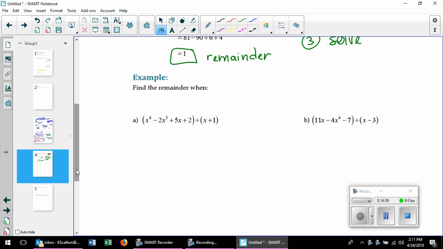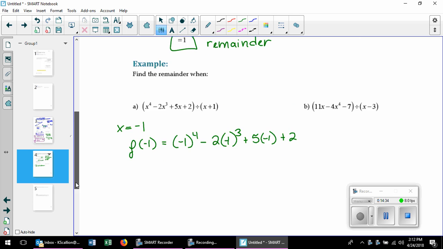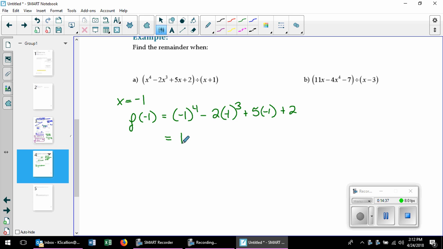Okay? All right, so find the remainder. Step 1, what do we do? Find the NPV. What's the NPV? X = -1. What do I do now? Substitute. So I am substituting -1. I think I would give myself an easy question. Then the math.